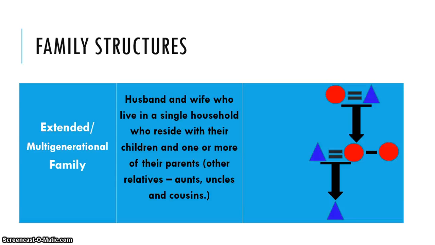The nuclear family, the single parent family, or the blended family are probably the most common in the United States. While we do have extended and multi-generational families in our country, they are probably not as typical as the other three. This is because of American attitudes, culture, and lifestyle.